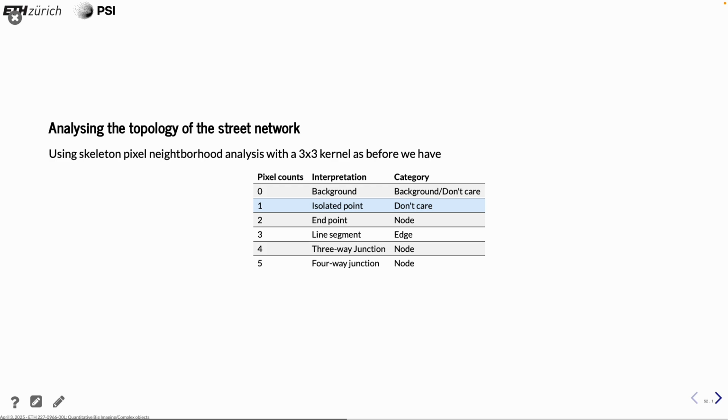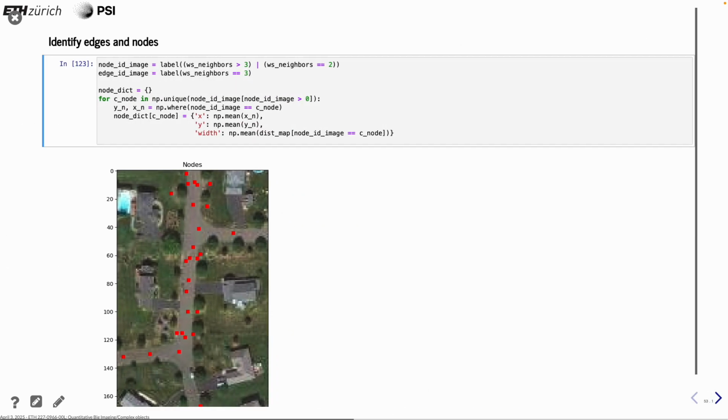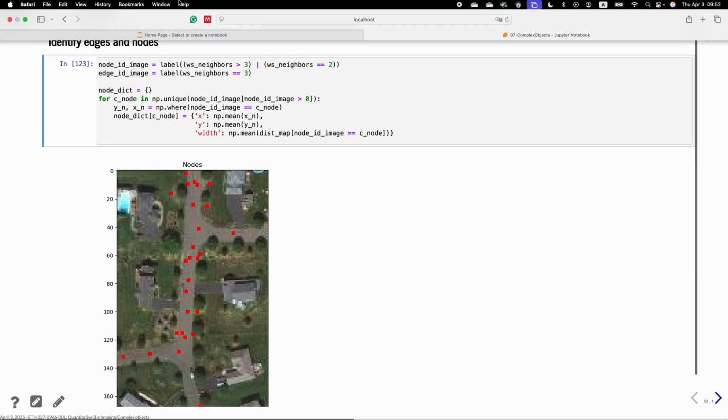And now let's do the analysis. We can extract our nodes and edges. So in principle, we get an image of only nodes and 1 image of edges. And you can see here how they are classified according to the table we had before.